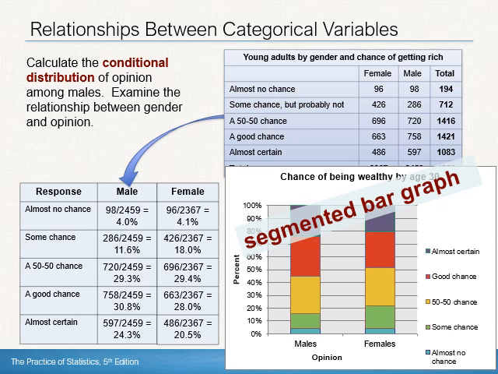Now, we could also switch up the categorical variable. Instead of making the axis male, female, we could put in the other categorical variable. And so that's what I'm going to do in the next slide.